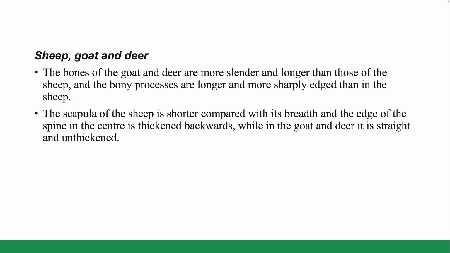The scapula of sheep is shorter compared to its breadth, and the edge of the spine in the center is thickened backward, while in the goat and deer it is straight and thickened. These might be difficult for you to identify, but these are the features that may be used to differentiate these 3.